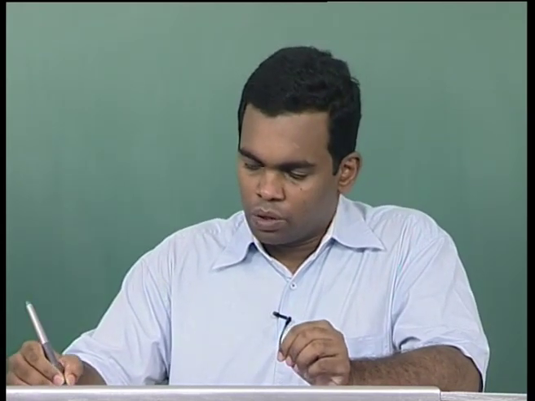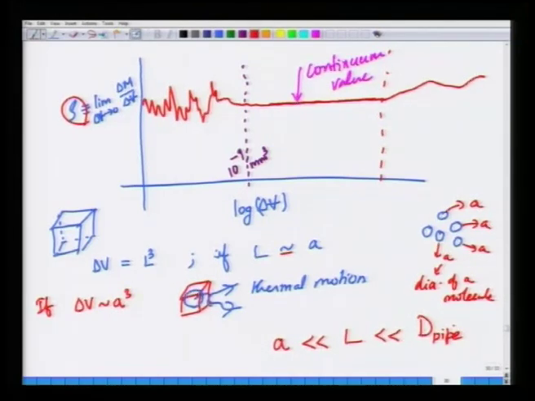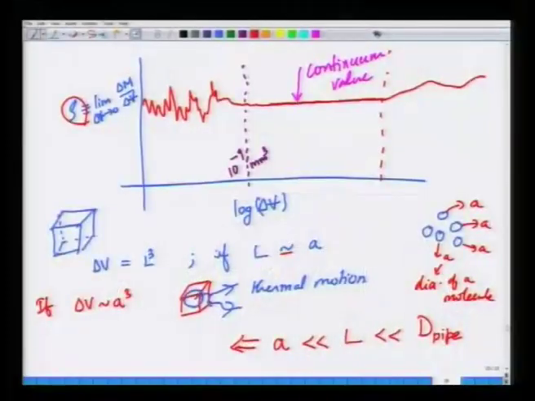So, if the size of the cube with which you are probing the density is large compared to molecular dimensions, where A is the diameter of a molecule for example, and small compared to the system dimension, for example the diameter of a pipe in which the fluid is flowing, or the diameter of a tank in which the fluid is present, then the density at a point makes sense.